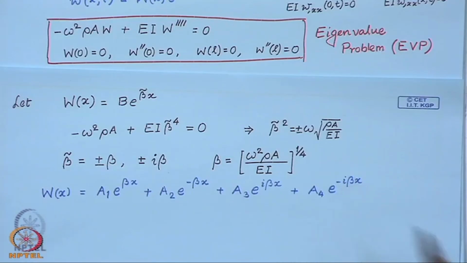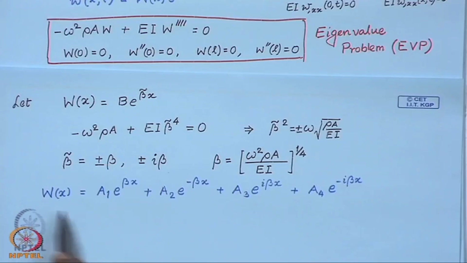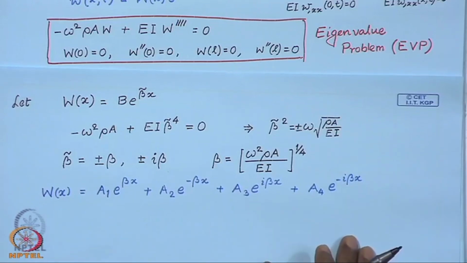in terms of this exponential function, where a1, a2, a3, a4 are arbitrary constants, possibly complex.